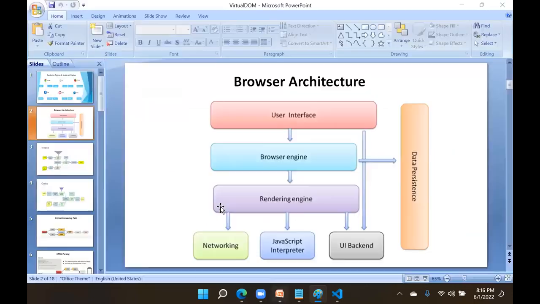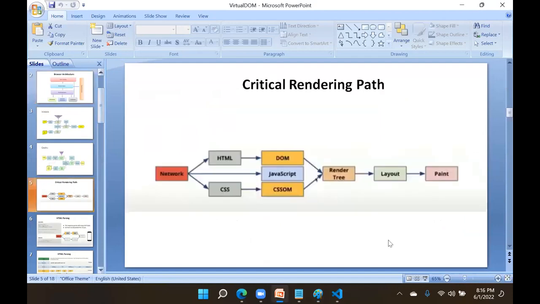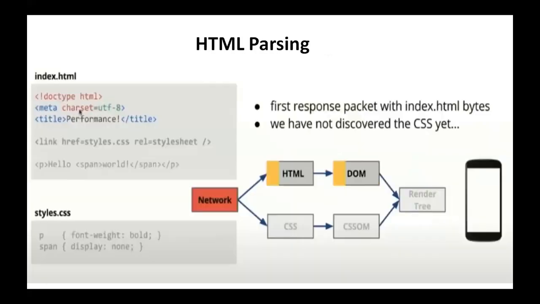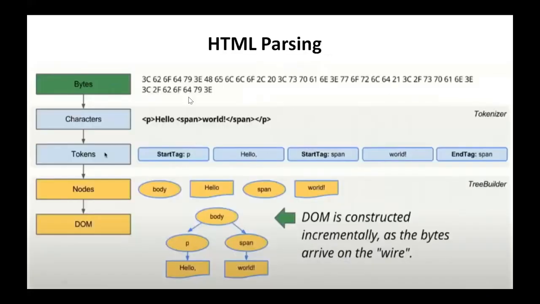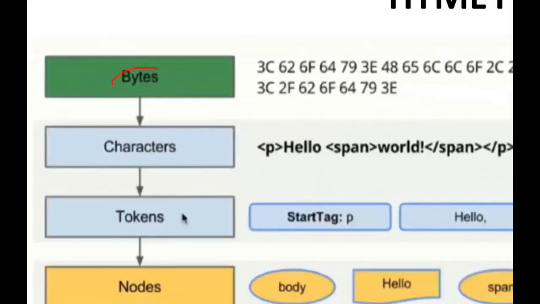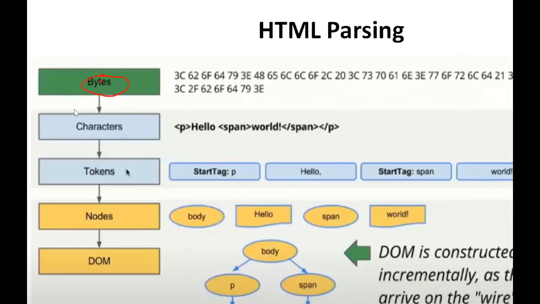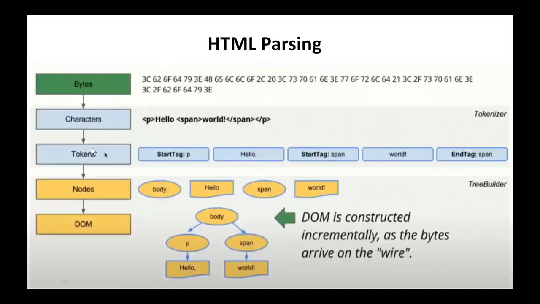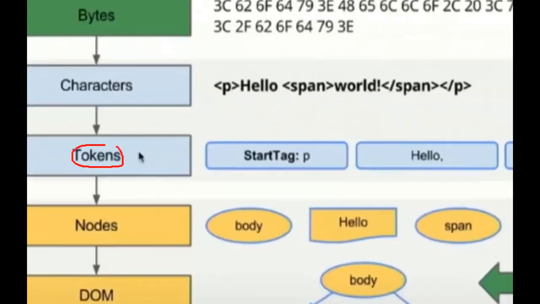When you look at the browser hierarchy, you can see this is the actual rendering path. First, I will show you the browser process, how it happens. Whatever you have written is converted into bytes. From bytes, it is converted into characters. From characters, it is converted into tokens.